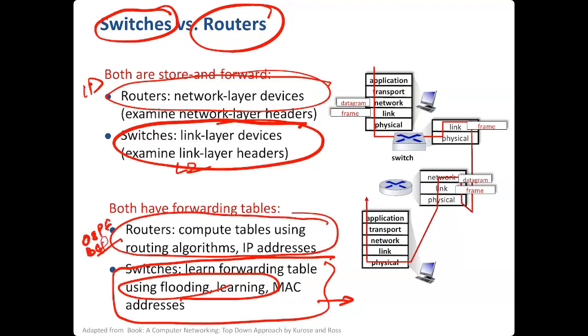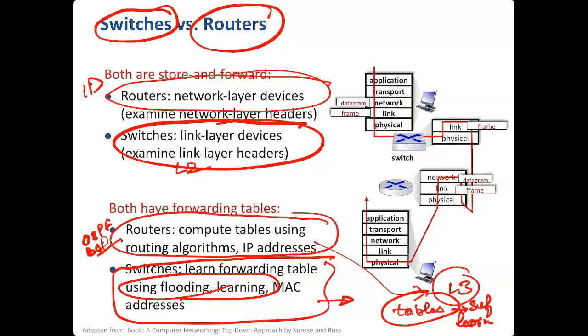Now the question we'll ask is, why are layer 3 tables not filled using self-learning? Can you answer this? At layer 2 we can do self-learning, but why not at layer 3?